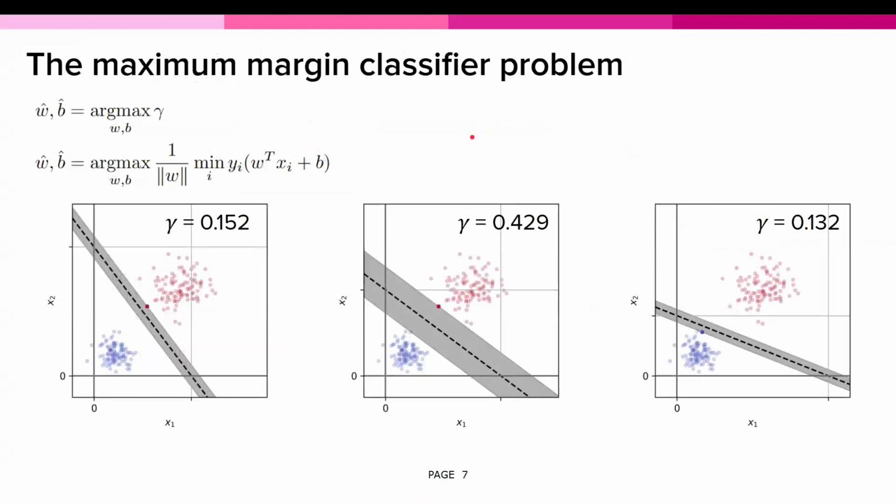Right, so today we're turning our attention to the maximum margin classifier problem. This is concerned with finding the optimal decision boundary that maximizes the margin between two classes.